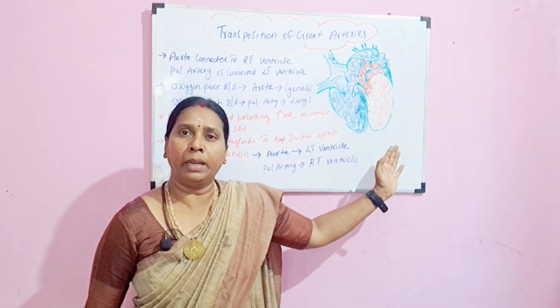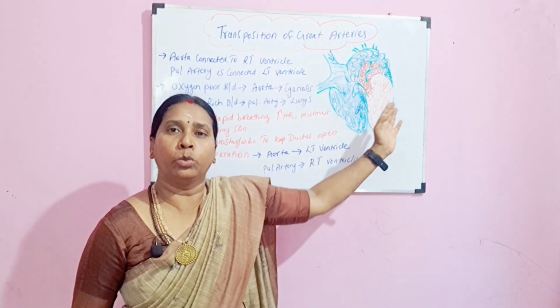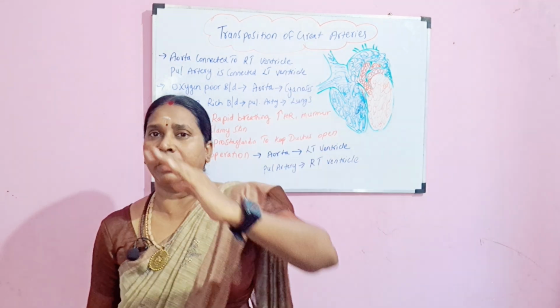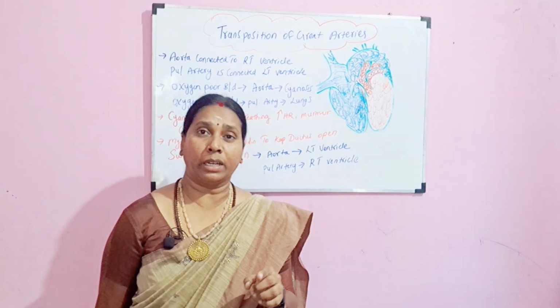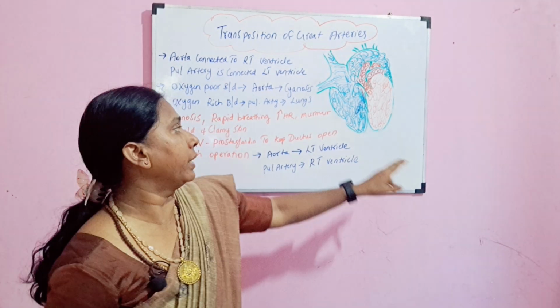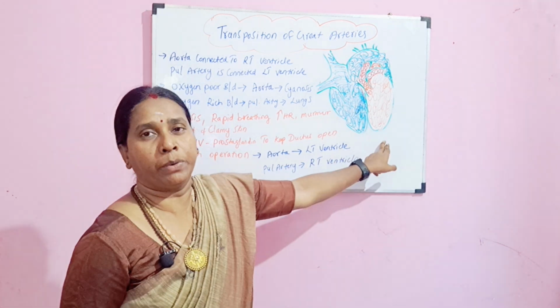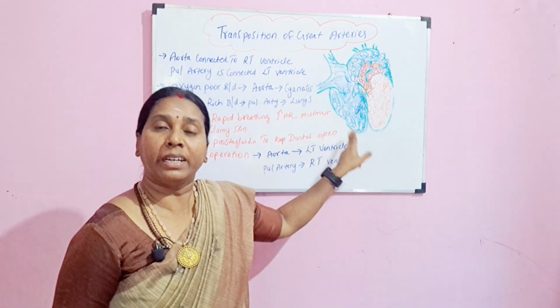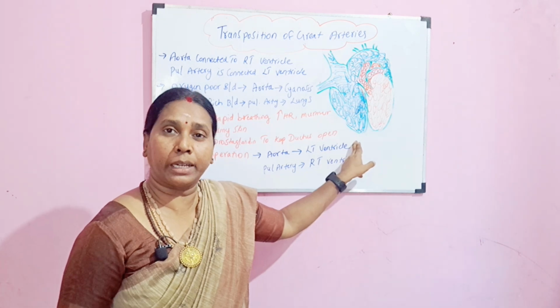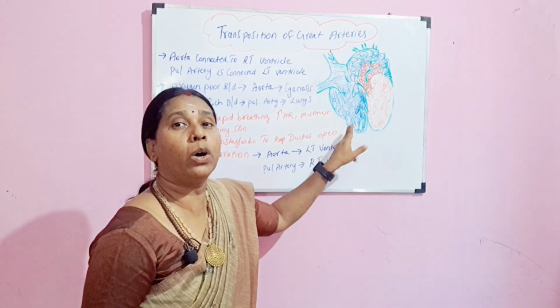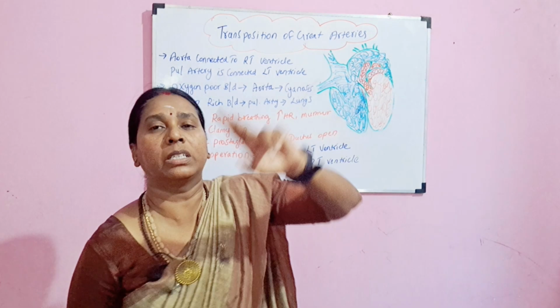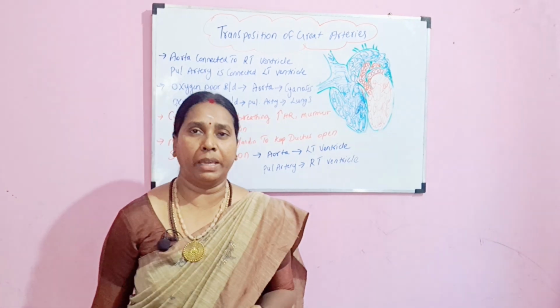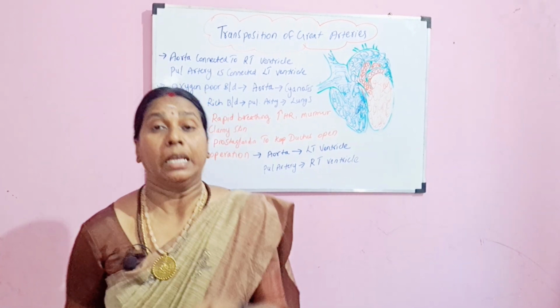It takes the pure blood through the aorta and it goes for systemic circulation. But here, instead of getting connected with the left ventricle, it is getting connected to the right ventricle. So when it is connected with the right ventricle, it will take deoxygenated blood for systemic circulation, where the baby is landing with cyanosis.